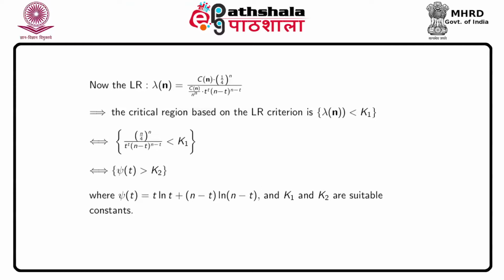This in turn is equivalent to some function psi of t being greater than k2, where psi t is equal to t log t plus n minus t log n minus t, and k1 and k2 are suitable constants to be determined from the size condition.